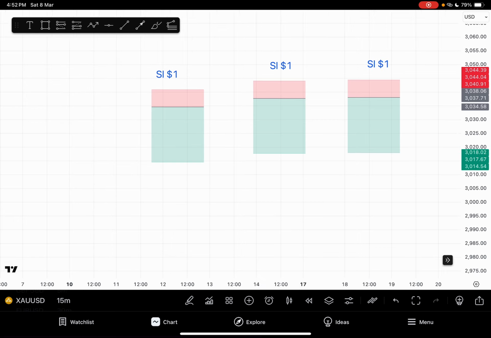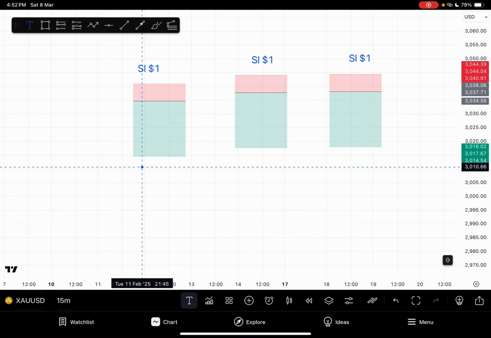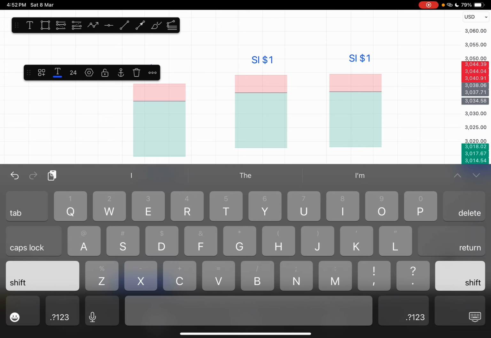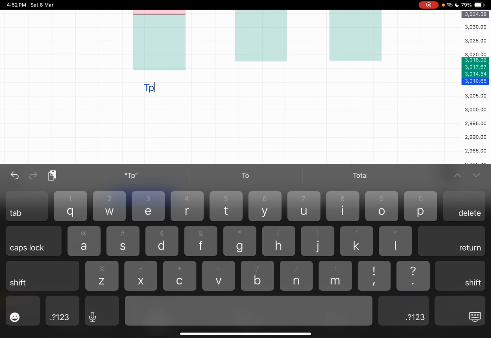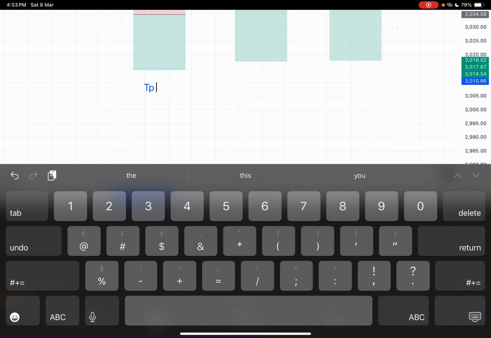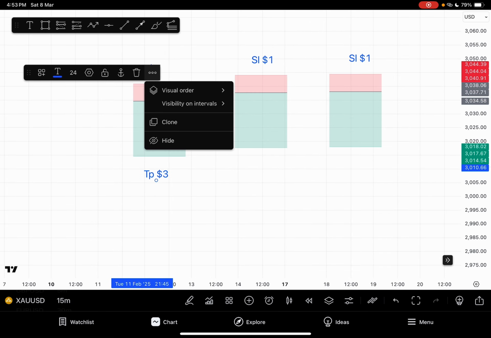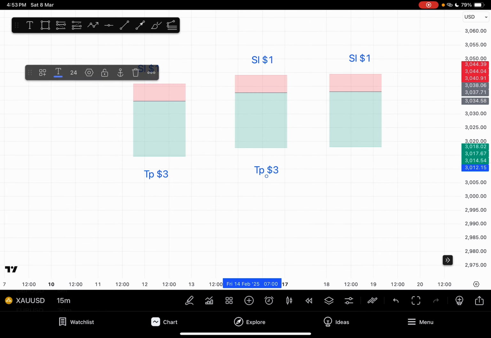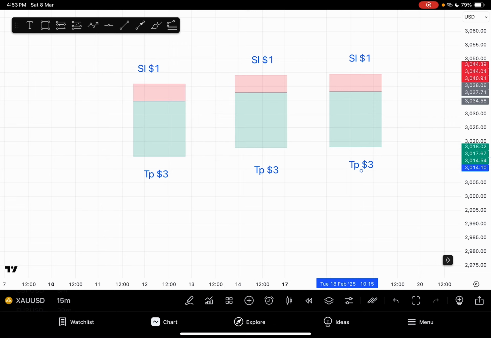So now, yeah, I'll be aiming for $3 since it's a 1:3 risk reward ratio. I will be aiming for $3 for this first trade, and for this second trade, and for this third trade.